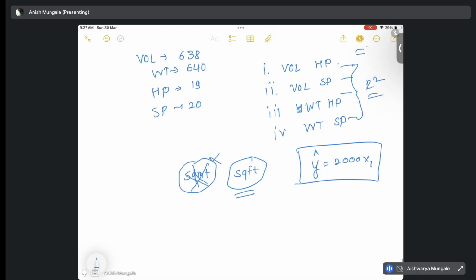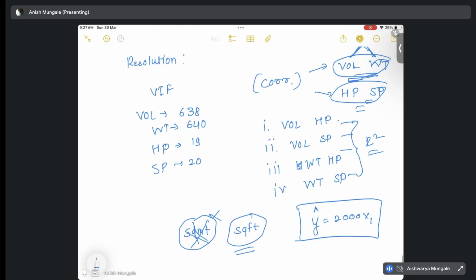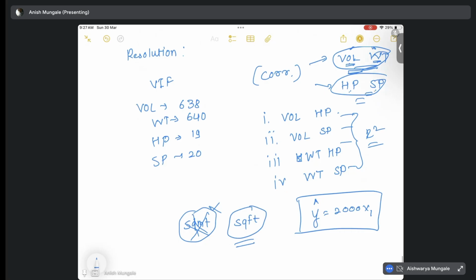So here also, if there is dependence between volume and weight, and horsepower and speed, what would be the obvious resolution? Just keep one parameter from volume and weight, and one parameter from speed and horsepower. So either you drop horsepower or you drop speed, or you drop volume or you drop weight.